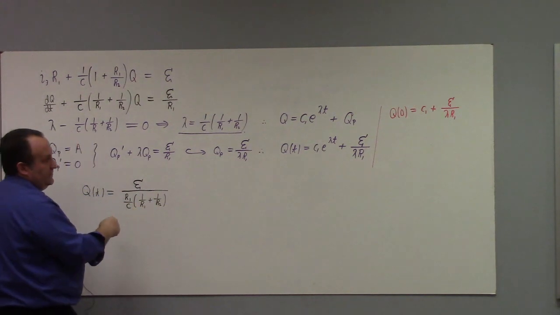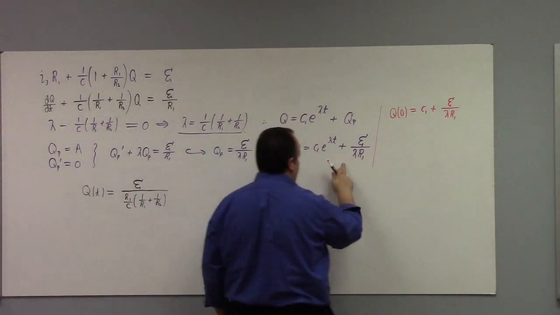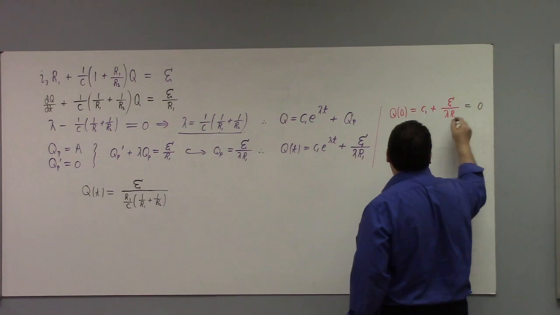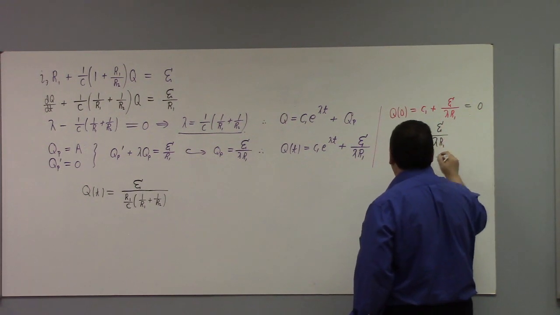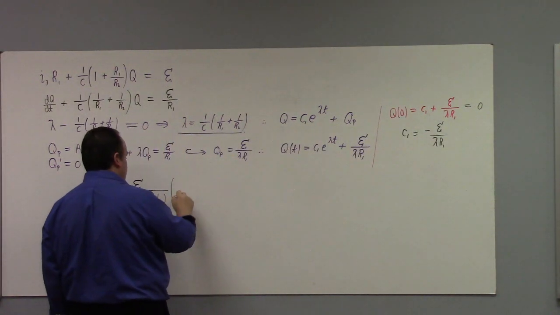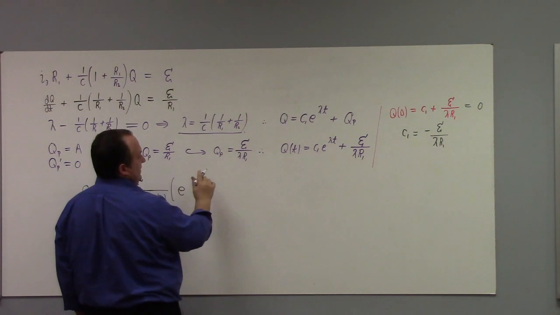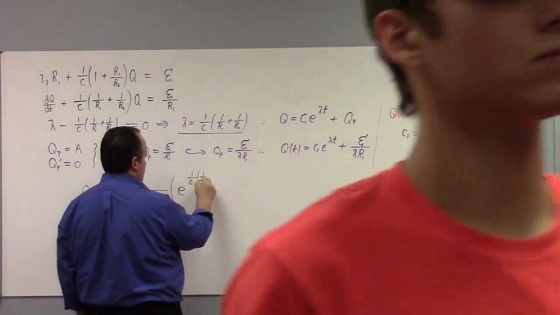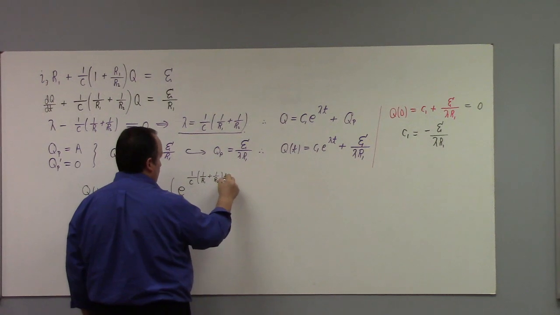That's my E over lambda R1 term. See, this says C1 is minus E over lambda R1. So that's why I'm writing this. And I simply have E to the lambda T. But lambda is this pesky 1 over C times 1 over R1 plus 1 over R2 times T.